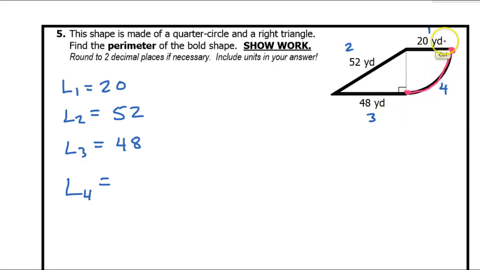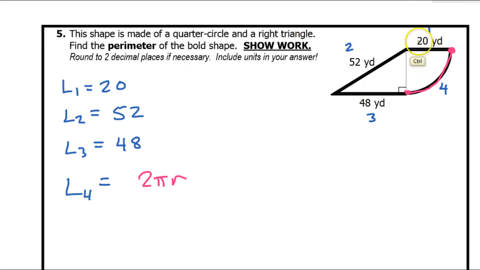which is a quarter of a circle. It's a quarter of a circle. All right, so the circumference of a circle is 2 pi r. That would be a whole circle. Now r, I bet we know what that is. And sure, look at this.